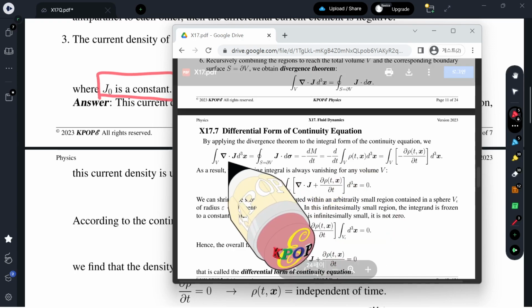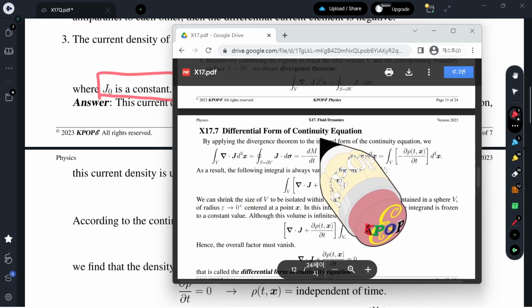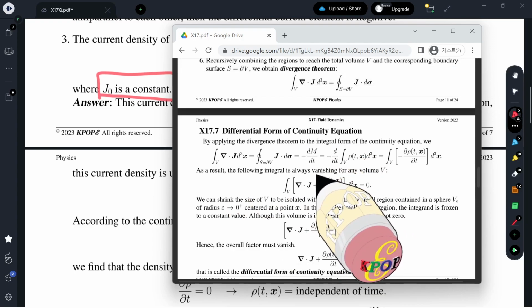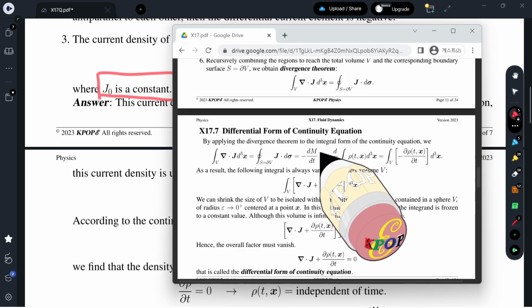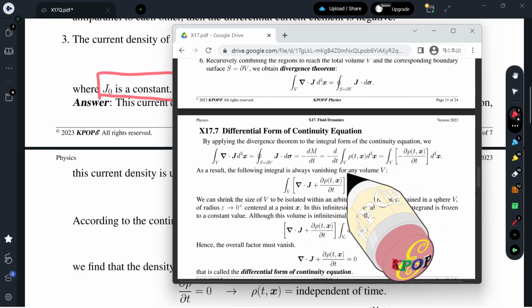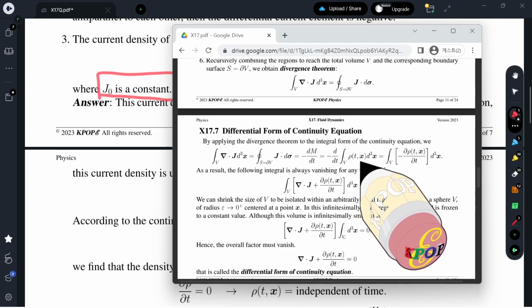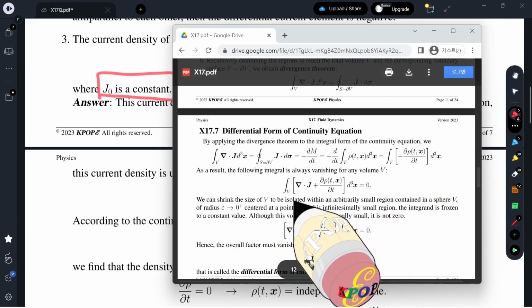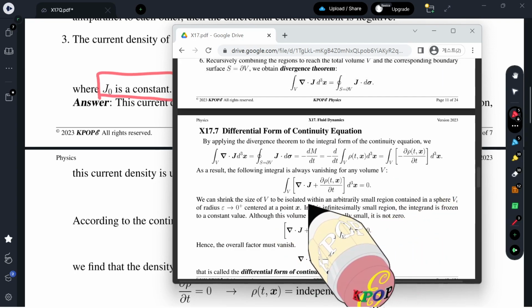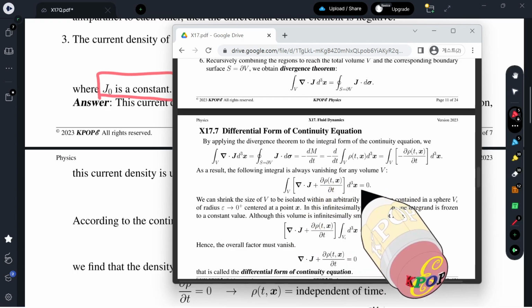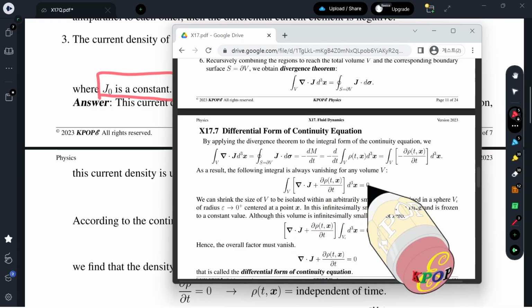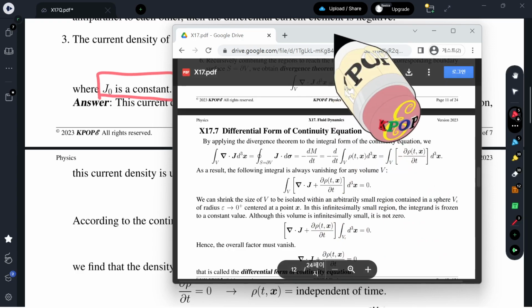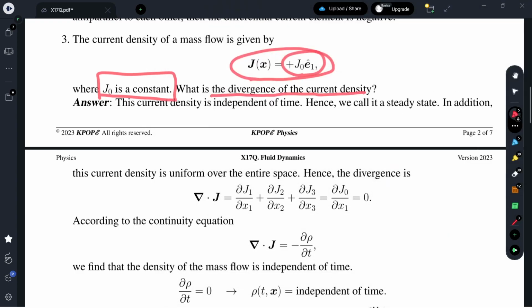So it becomes the negative time derivative of mass, and mass can always be expressed as the volume integral of density. As a result, we arrive at the differential form of the continuity equation. This differential form of the continuity equation is quite important in this chapter.